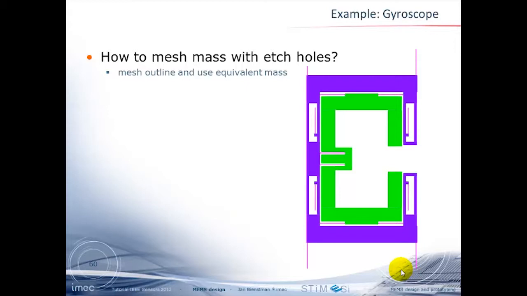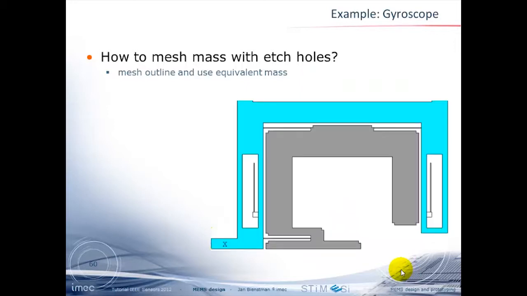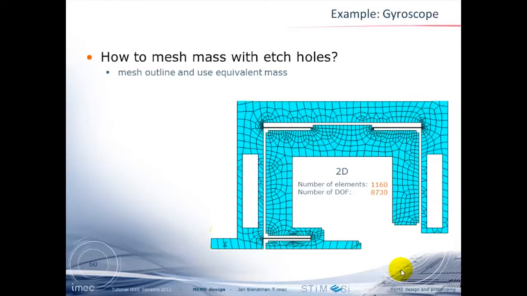You get rid of the holes and you apply a certain percentage to the flexibility and also to the mass. This is a part of it, and then you can easily mesh, and you see that I have 8,000, 9,000 degrees of freedom for that part. So that was quite easy, but this is not enough for optimized design.